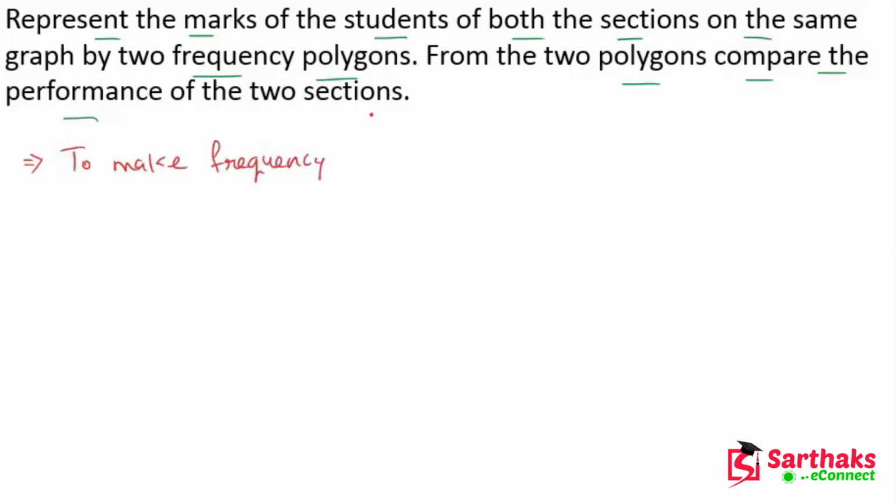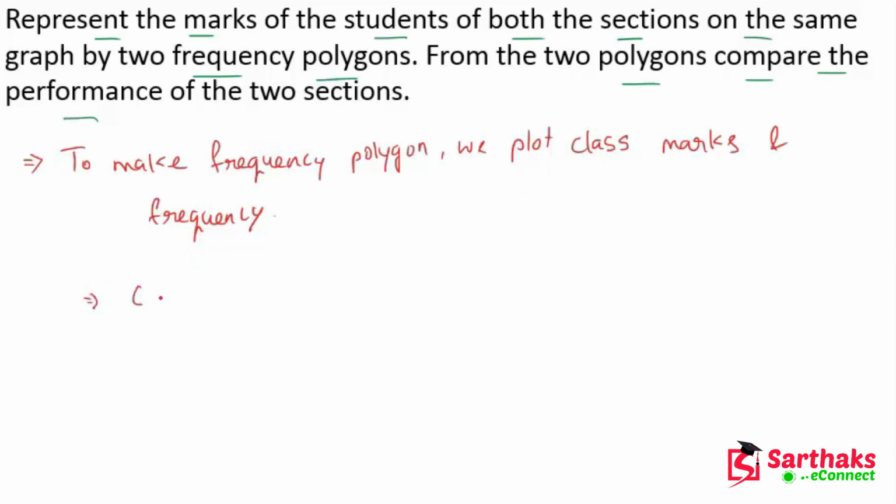To make a frequency polygon we plot class marks and frequency. We have to draw the graph between class marks and frequency. So what is the formula of class marks, how can we find it?